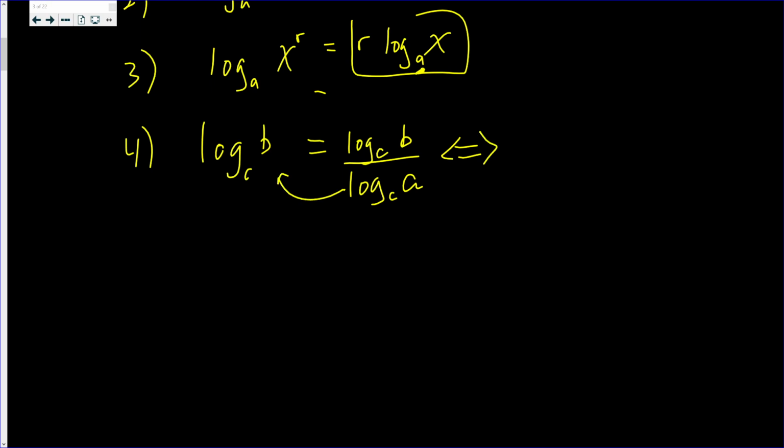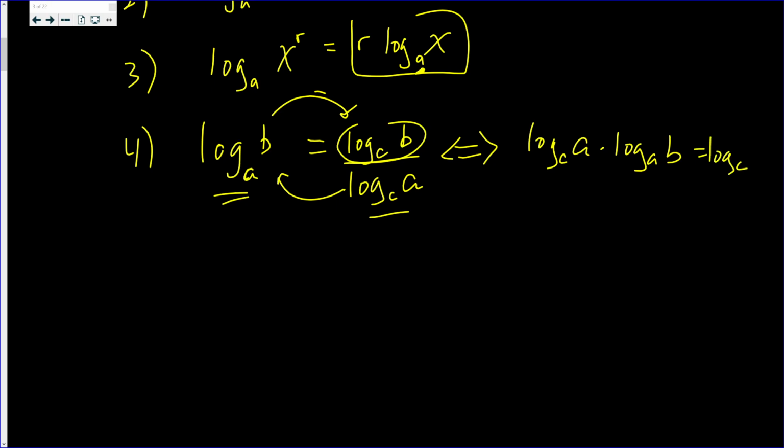This product should equal the numerator. Oh, that's an A, excuse me. So this log base C of A times this log base A of B should equal the numerator, log base C of B.